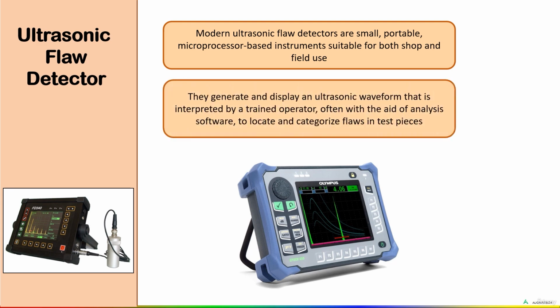They generate and display an ultrasonic waveform that is interpreted by a trained operator, often with the aid of analysis software to locate and categorize flaws in a test piece. Ultrasonic flaw detectors provide unmatched capabilities for locating discontinuities and other flaws.